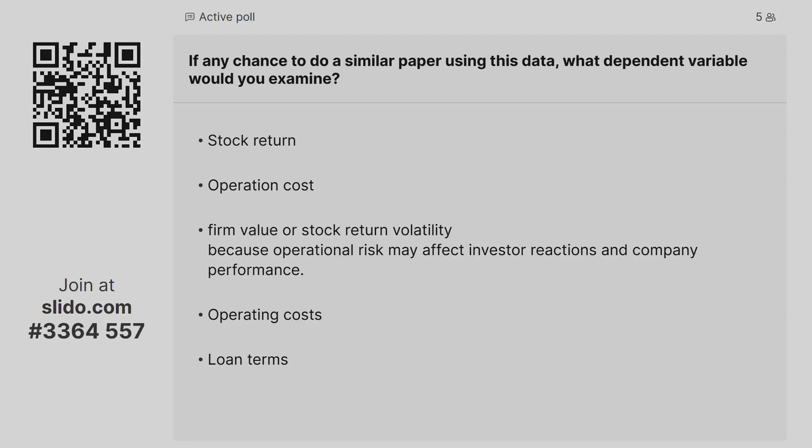Can you define the operational cost again? Is it the same as in this paper, cost of goods sold, or do you measure it differently? We have a stock return volatility and firm value paper. We have a long-term paper. What else?